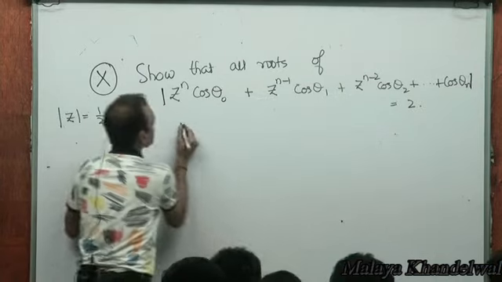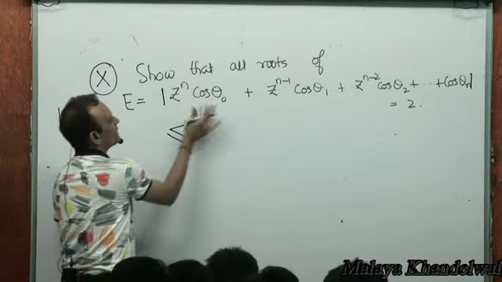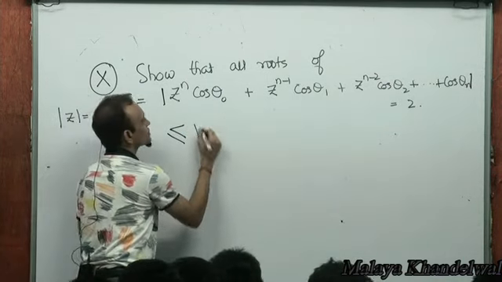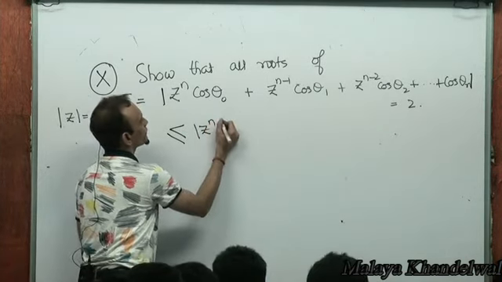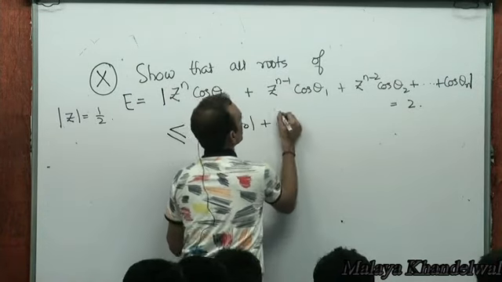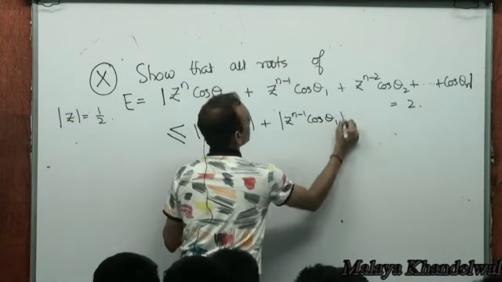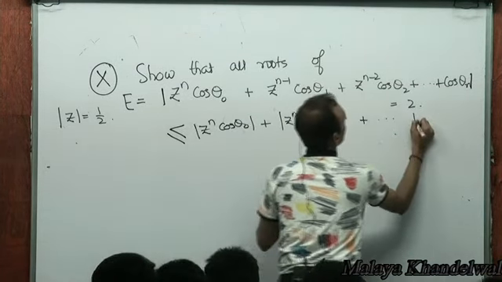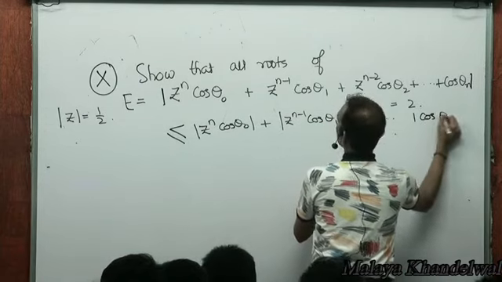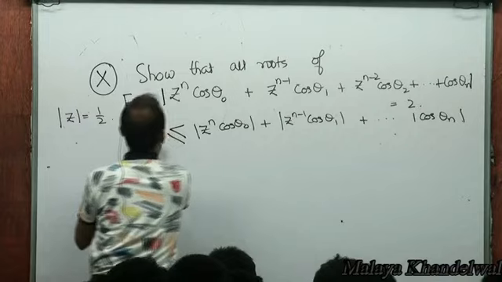So the modulus of this expression would be less than or equal to mod z to the power n cos theta naught plus mod z to the power n minus 1 cos theta 1 plus mod cos theta n. Yes or no? The left hand side is 2, of course.